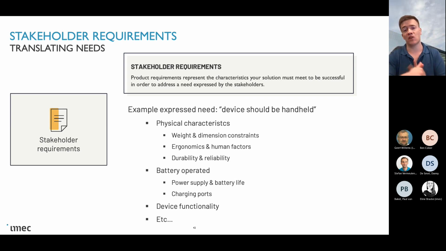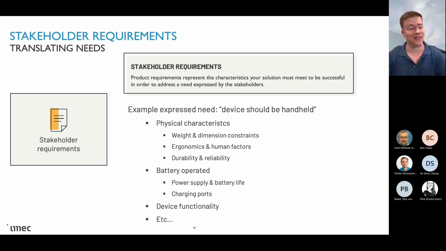It has a lot of ergonomics and human factors involved. Of course, if it's handheld, it can fall. So that is durability and also reliability, let's say, of your system. Then it probably implies that it is battery operated. So that's of course power supply, battery size, charging ports. It of course has implications on the way that the device functionality works, etc.